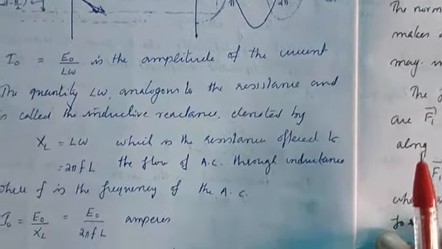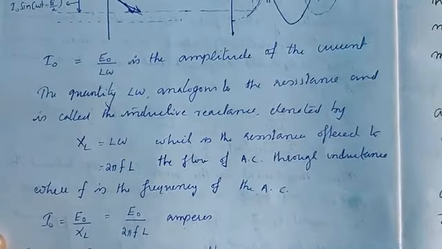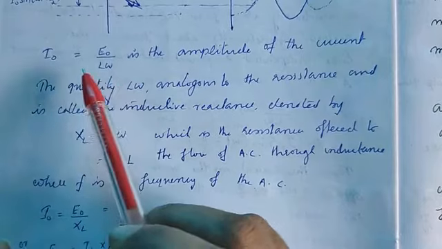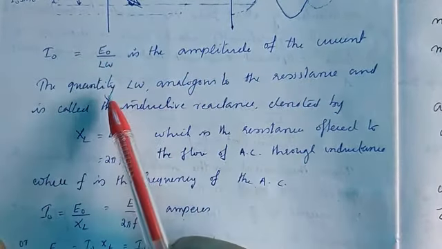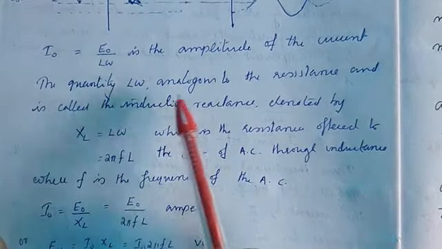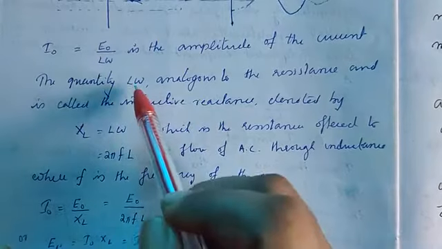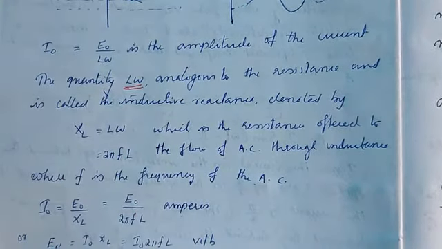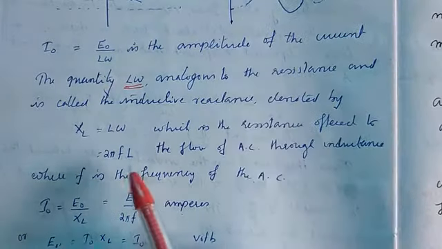You have already seen this in your higher secondary classes. So I0 is equal to E0 by L omega, which is the amplitude of the current. The quantity L omega is analogous to resistance and is called the inductive reactance, similar to the resistance in a purely resistive circuit.